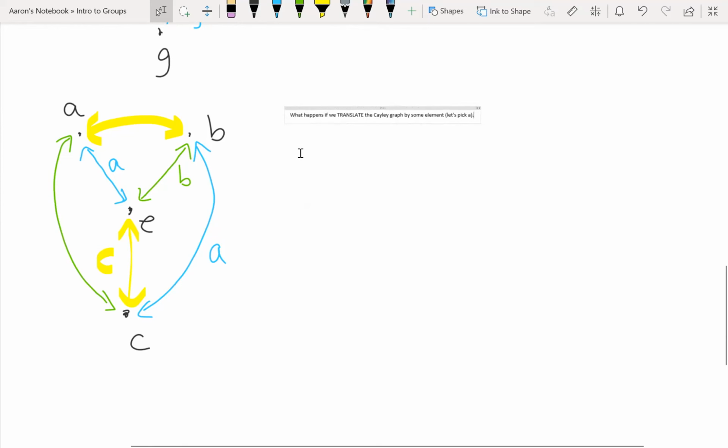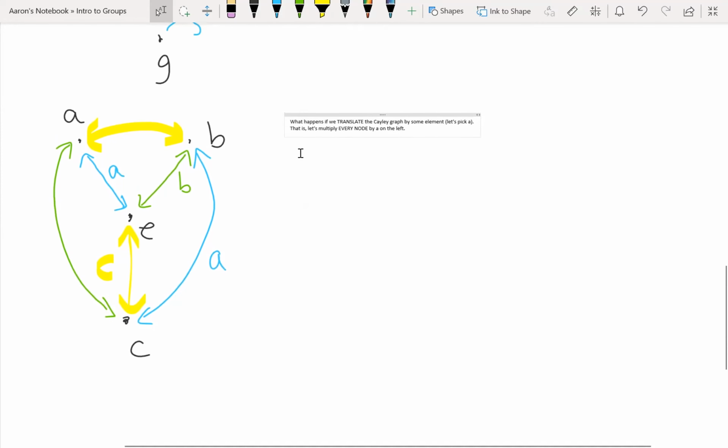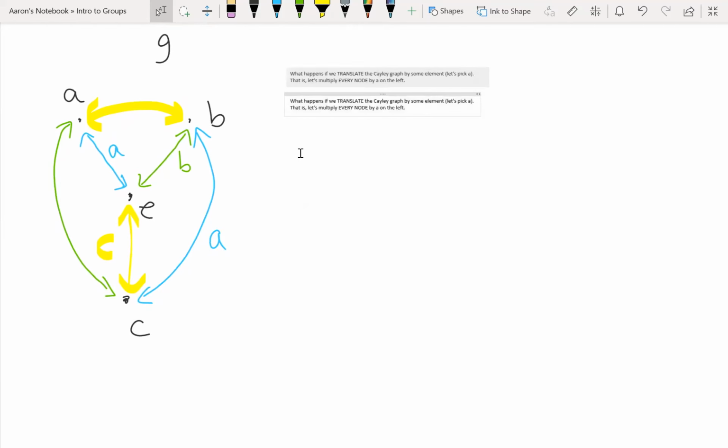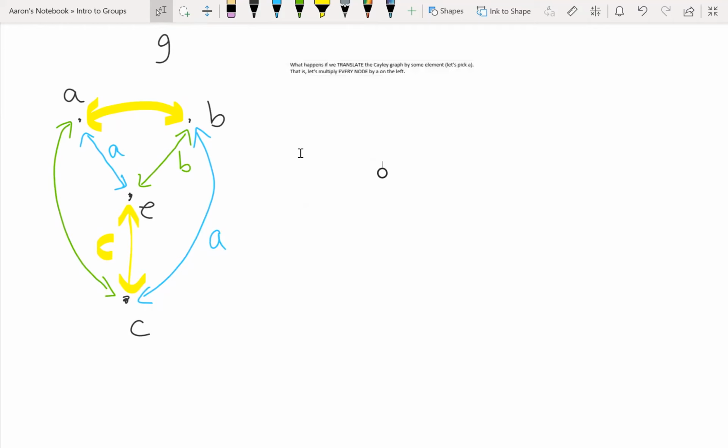When I say translate the Cayley graph, that is, let's multiply every node by A on the left. So this is sort of important. Okay, good. So let's do that.